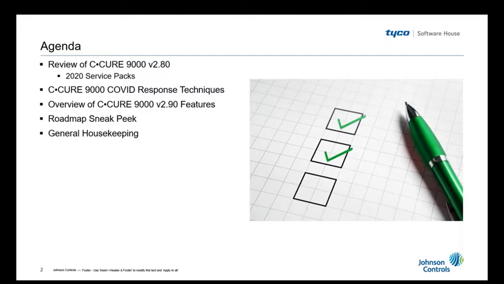So I think it's important to cover a couple of those things. Then we're going to share with you some of the COVID response techniques that we've added. We had a whole separate webinar on that, so hopefully a lot of you were able to see that. If not, let us know. We can get you a link to that. And then we're going to jump right into everything new for 2.9, and a quick roadmap sneak peek and some general housekeeping items.